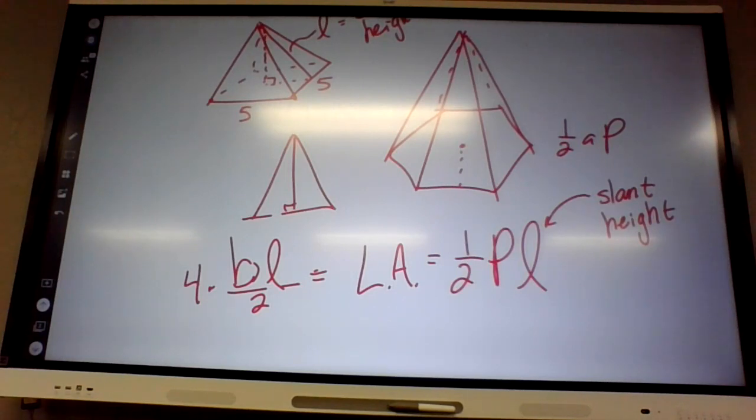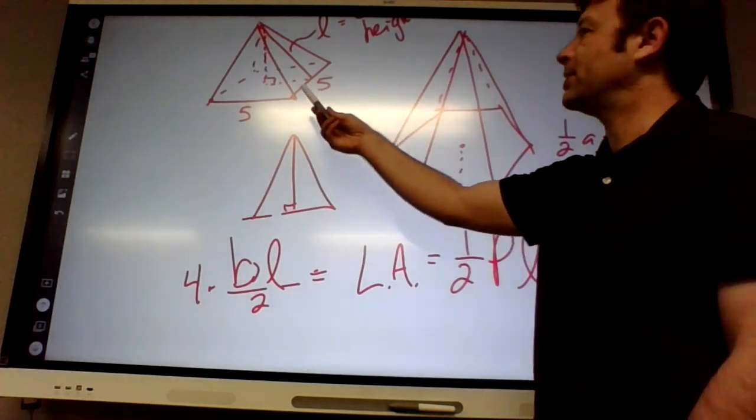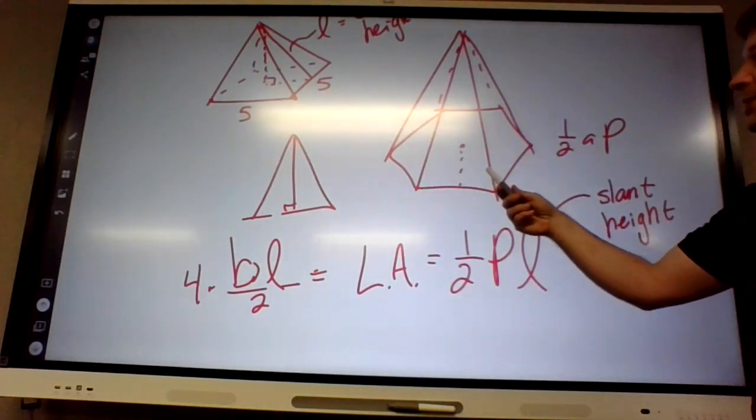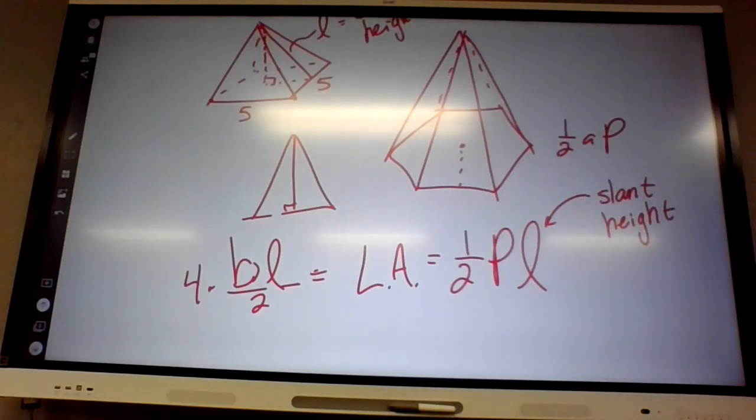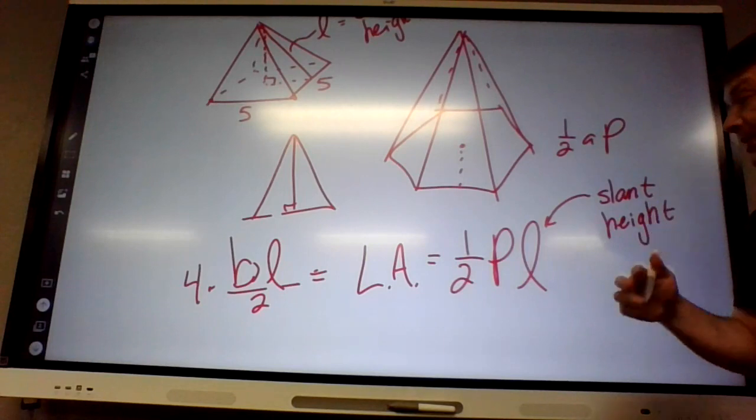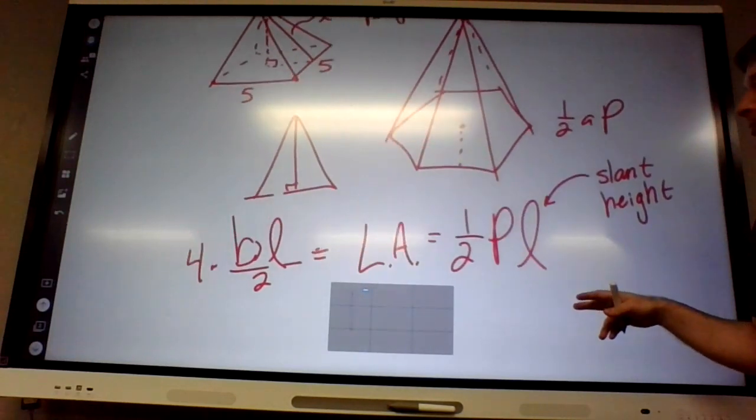Okay, so that's the lateral surfaces, the up and down sides. The area of the base just depends on what shape the base is. If it's a square or a rectangle, we do base times height. If it's a hexagon or octagon or something like that, 1/2 apothem perimeter probably. It's even possible to have a triangular base, but there's lots of shapes the base could be.